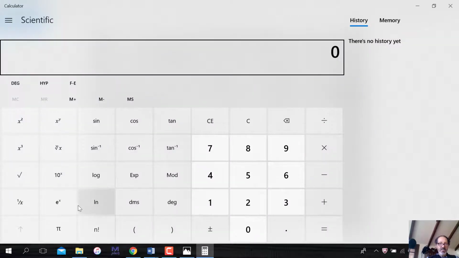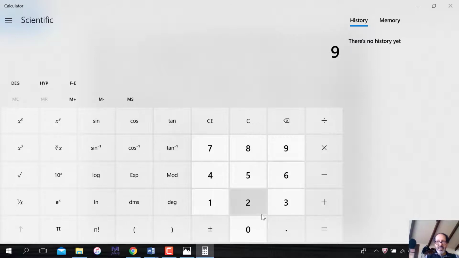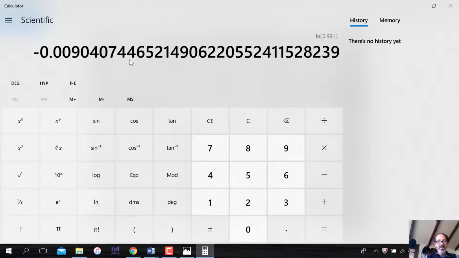So I take the natural log of 0.991. I put 0.991 in here, take its natural log, and that's what I get, negative 0.009.